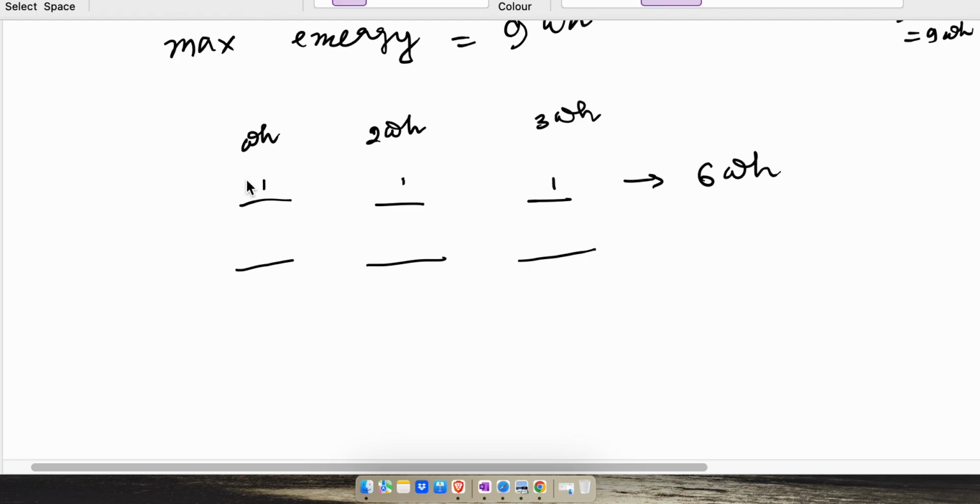So this is one possible way. Other arrangements, like 2 there and 1 there, are not possible. 2 here, 2 here, 1 here gives 5, which is not possible. So the only way to get 6 omega h is 1 way, which means the entropy is again 0.